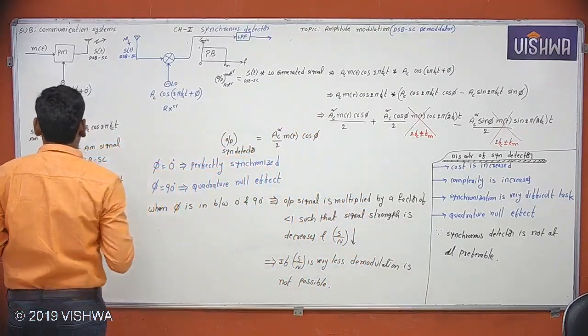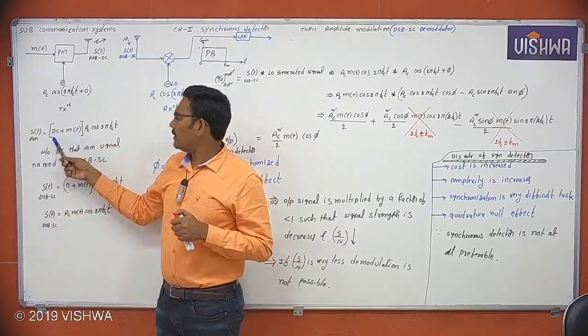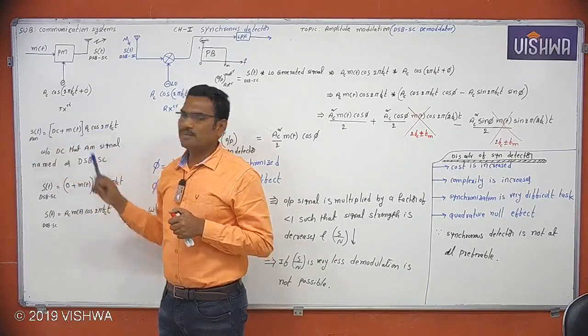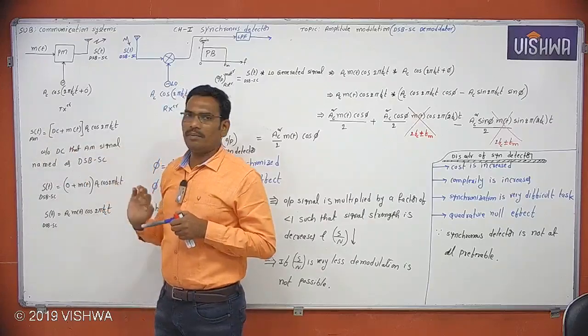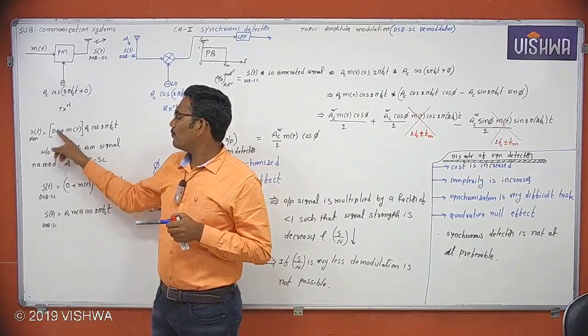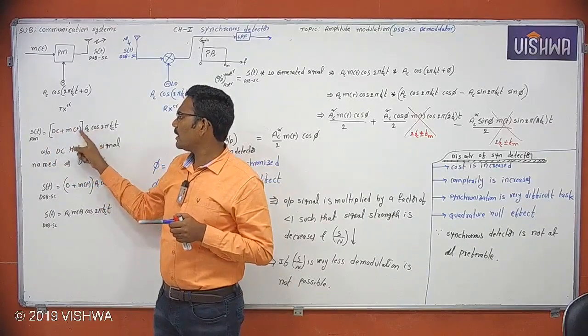Now see here, this is the message signal adding a suitable DC component and multiplied with the carrier, then that is nothing but an AM signal. Am I not? So you already removed the DC component. You are not interested in the DC. Now without DC, this DC equals 0, means message multiplied with carrier, right?